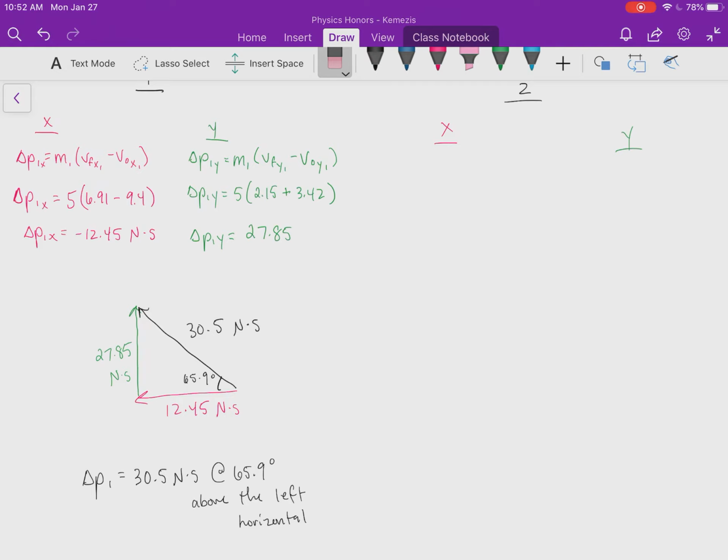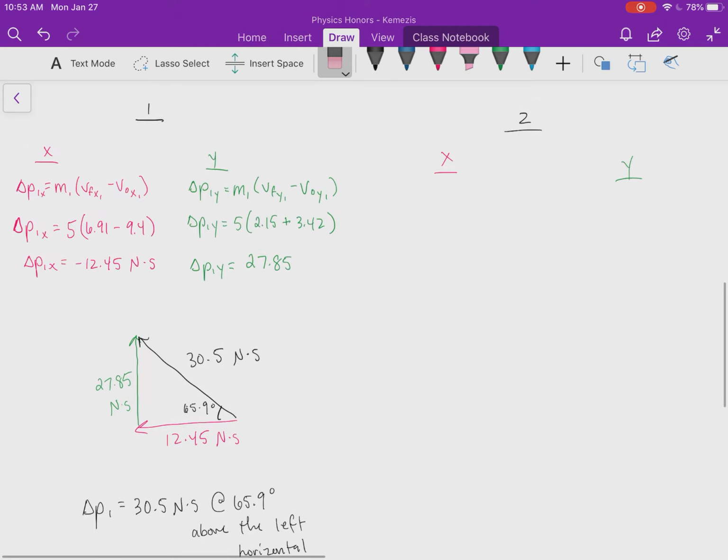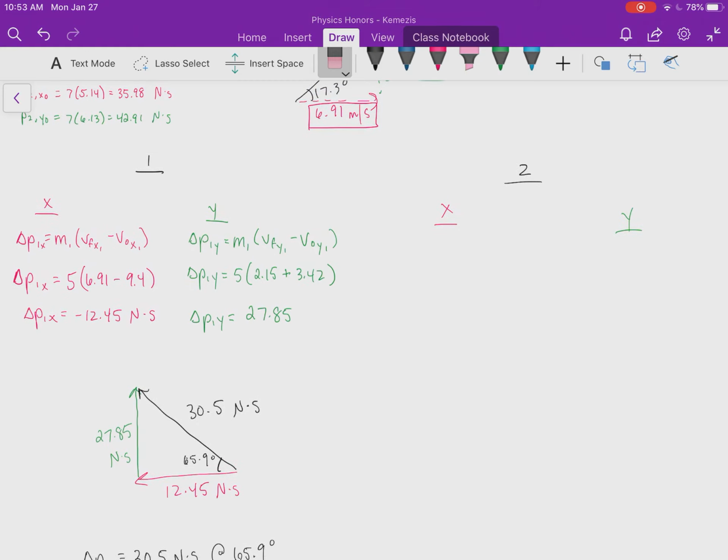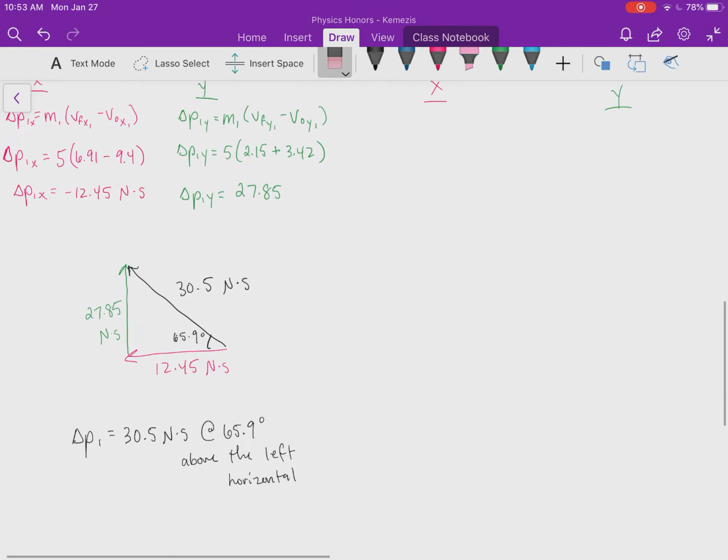So what we know from Newton's third law, the impulse on object 2 should be equal and opposite, so we should get 65.9 degrees below the right horizontal. But let's just confirm this, and if there's discrepancies and you do not get 30.5 as the magnitude and the 65.9 degrees below the horizontal on the right as the angle, then you know that something went wrong in your math. So it's a good check.